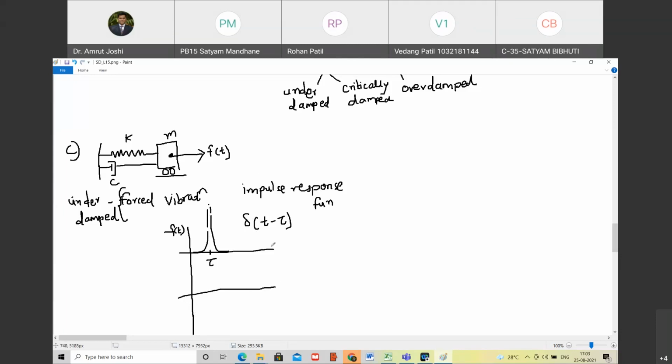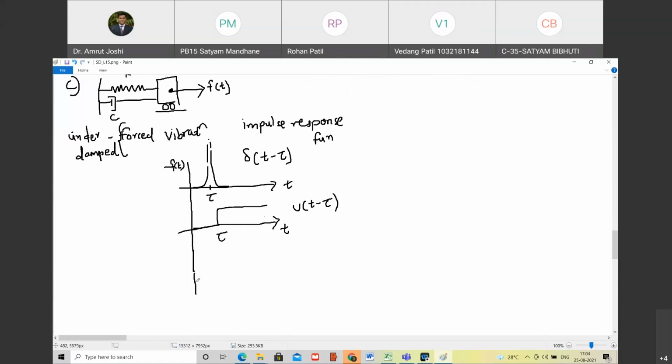But the second particular type of load that we dealt with was the Heaviside step function, and it looked something like this. So this is u of t minus tau. The third type of f of t that we dealt with was suddenly applied load and then suddenly dropping load.